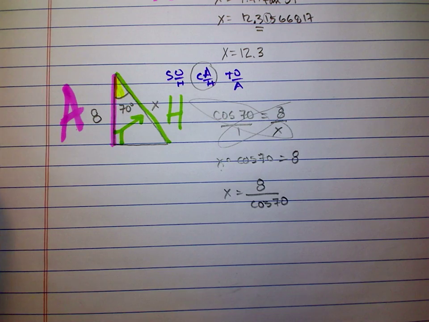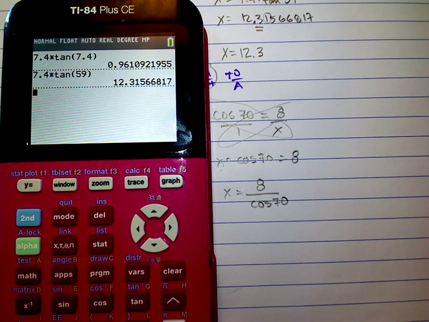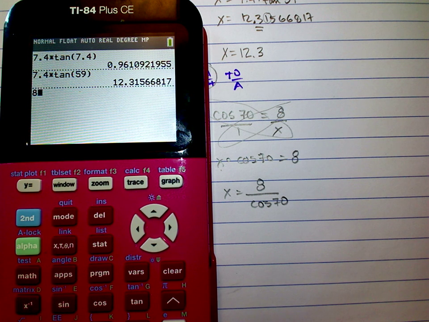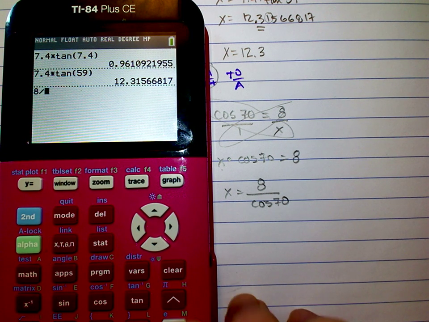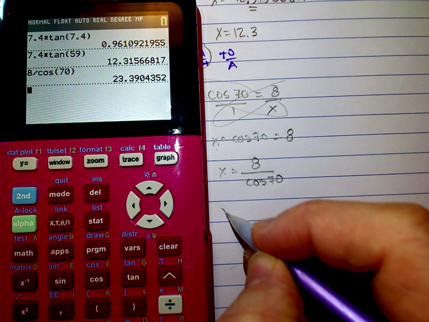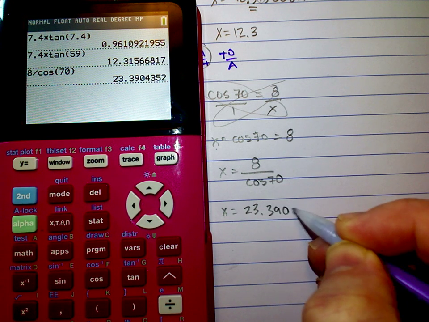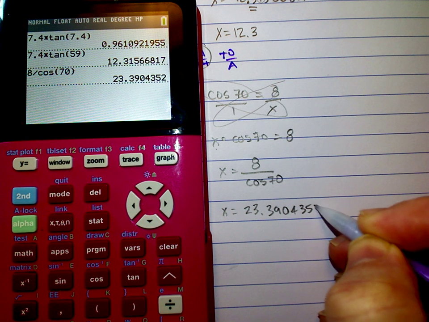So let's do that on our calculator and see what we get. So again, we'll put in 8, but this time we'll divide by cosine of our 70-degree angle. Press enter, and that gives us a length of x equals 23.390432.